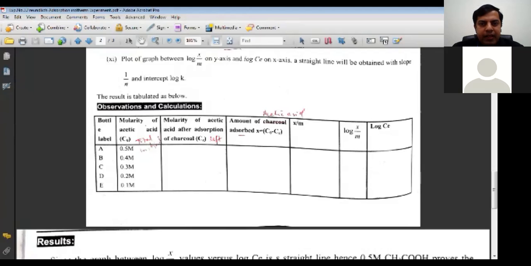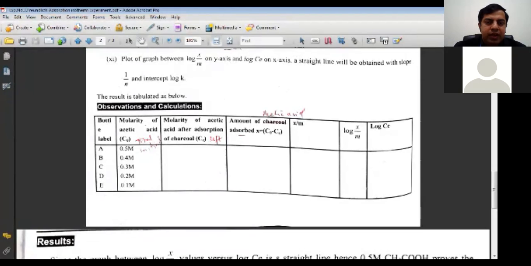Then you just subtract this from the total, and that will give you the amount which is adsorbed on the surface of the adsorbent, that means on the activated charcoal. Let's suppose this is the total concentration, and this is after the adsorption.